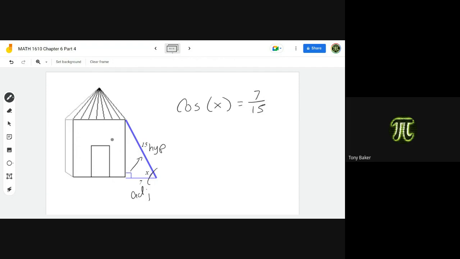I don't have it over there, so I don't really need it in this case. They gave me my adjacent and my hypotenuse in this situation, so those are the ones I need anyway. I'm looking for the X inside of the cosine, so I'm going to use cosine -1.